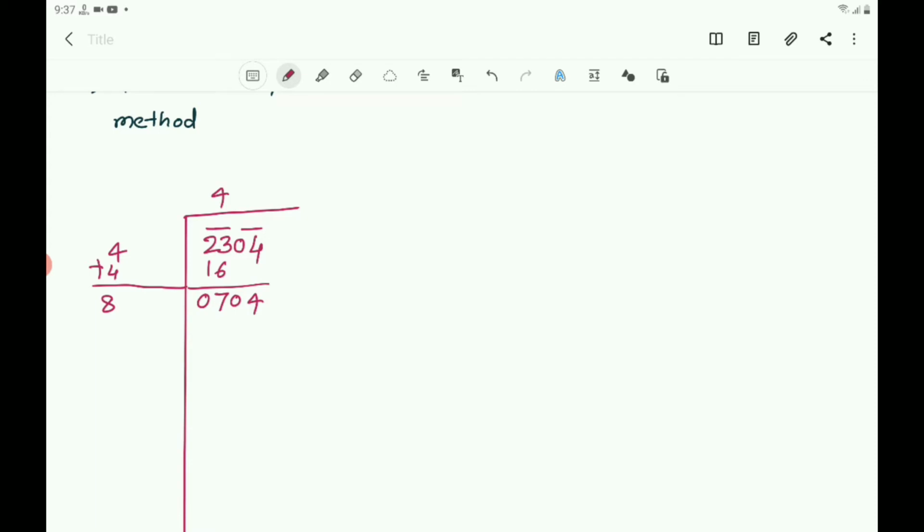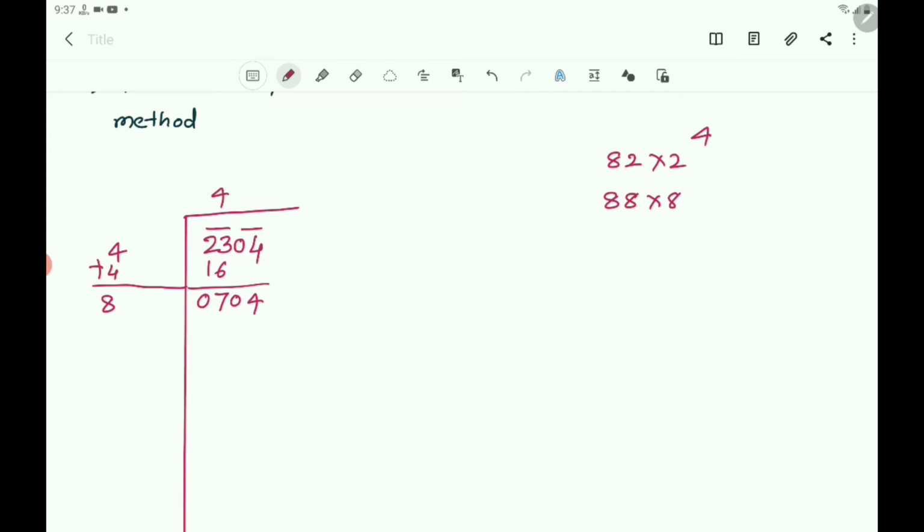You know that 81 into 1, 82 into 2, 83 into 3, 84 into 4, like this. But here 4 is in the units place, so in the square root the units digit is either 2 or 8.